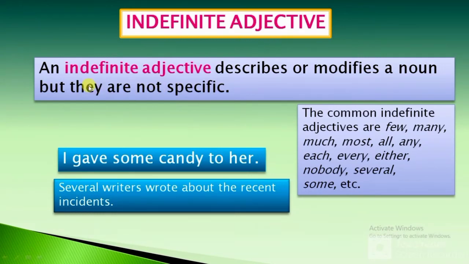Indefinite adjectives. An indefinite adjective describes or modifies a noun, but it is not specific. The common indefinite adjectives are few, many, much, most, all, any, each, every, either, nobody, several, some, etc. I gave some candy to her.